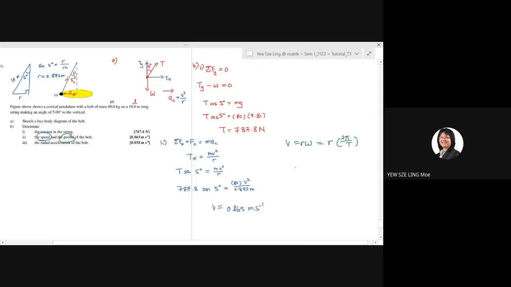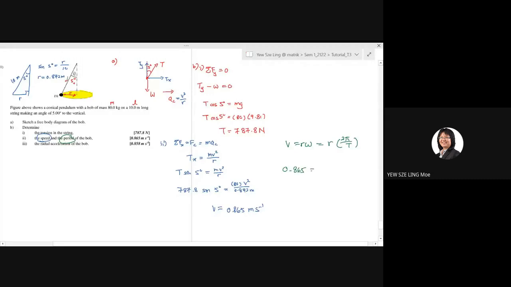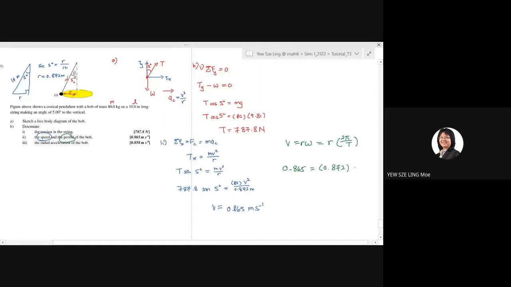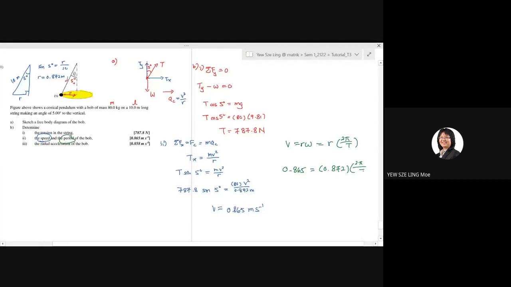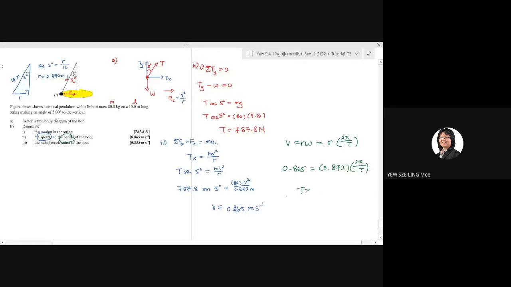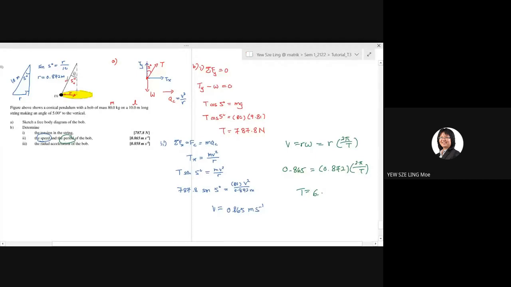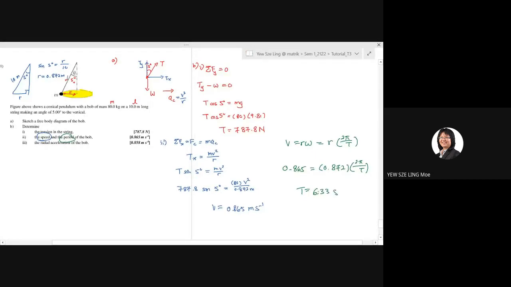So v is now 0.865 equals my R, which is 0.872, times 2 pi over period. So period is then equal to, I need a calculator, 6.33 seconds. So that is the period.